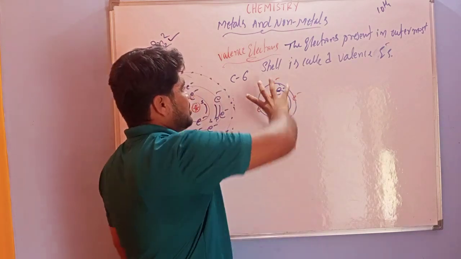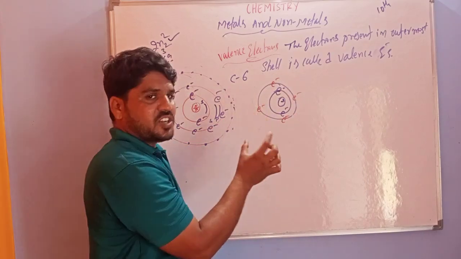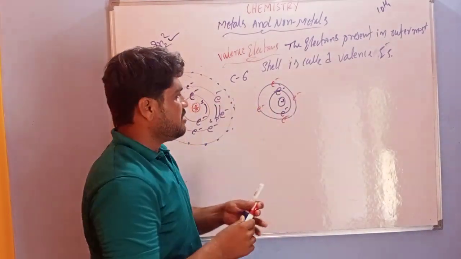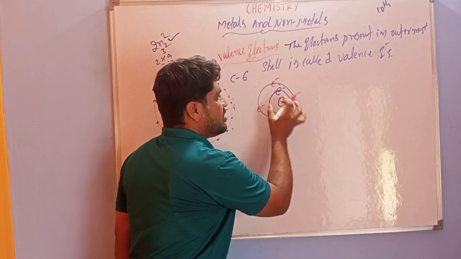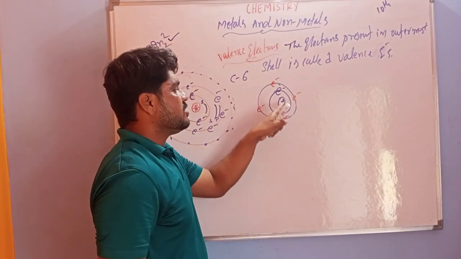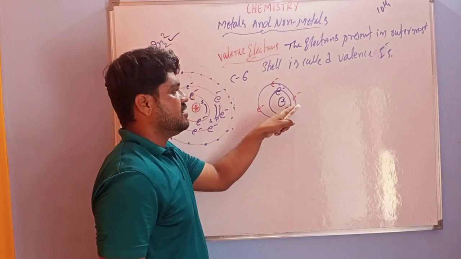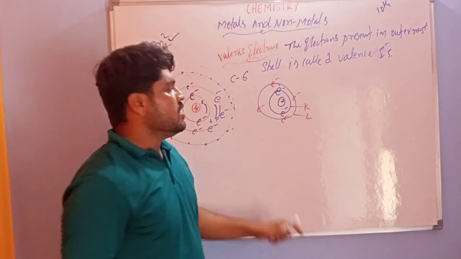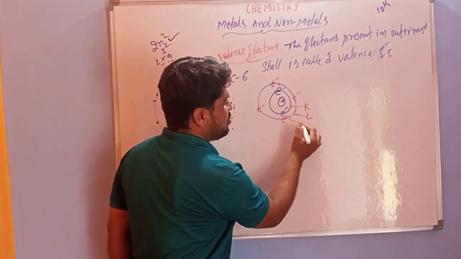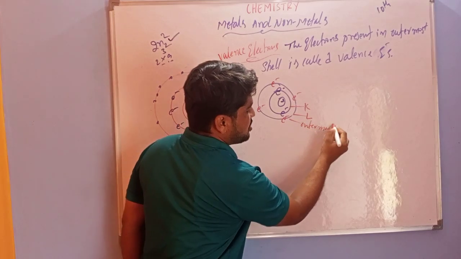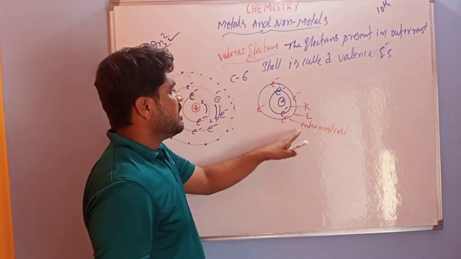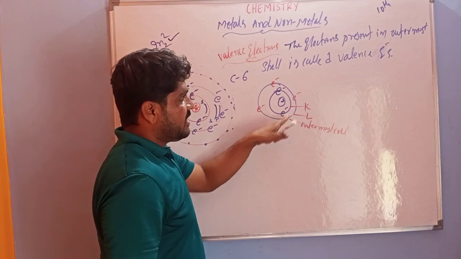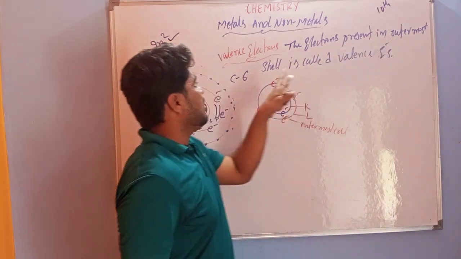So this is the structure of the carbon element, or structure of atom. The first shell contains these 2 electrons. This is the inner shell, the K shell. The second shell is the L shell, the outer shell, the outermost shell.